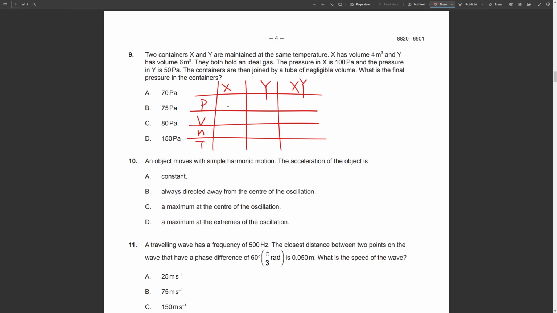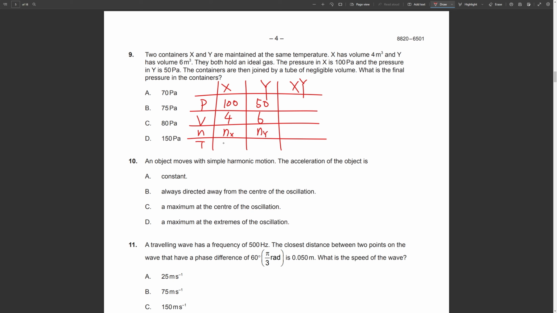The pressure of container X was 100 Pascal. Y was 50. The volume of X was 4 meter cubed and 6 meter cubed for Y. The number of moles in X, let's say it is n subscript X and n subscript Y, as they are not given with exact values.